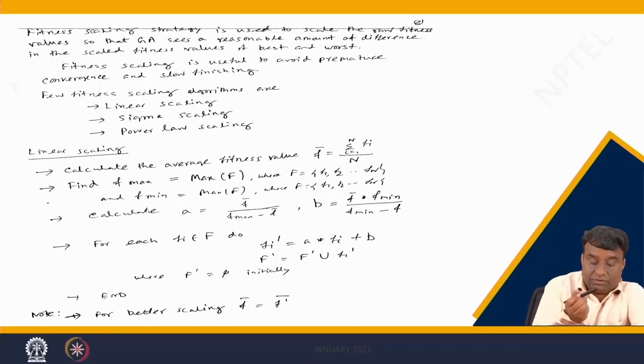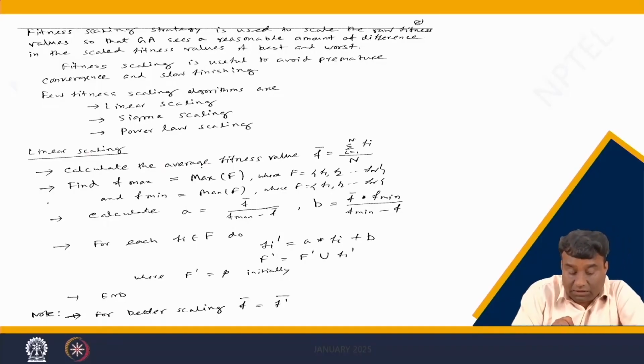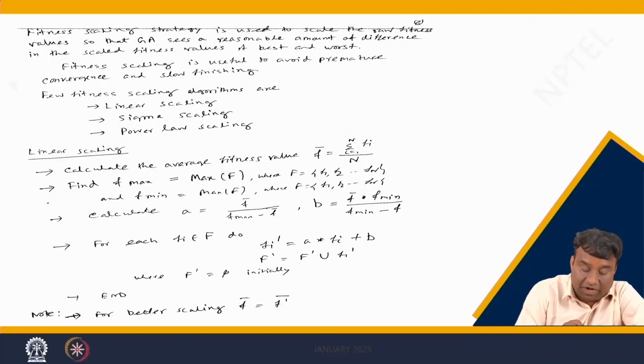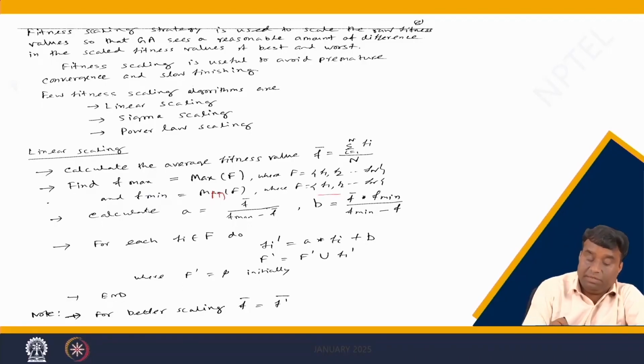So linear scaling. Calculate the average fitness value, that is F bar, which is summation of i equal to 1 to n of Fi divided by n. Find F maximum, the maximum of F, where F is the set of all fitness values. Then find F minimum, the minimum of all fitness values.